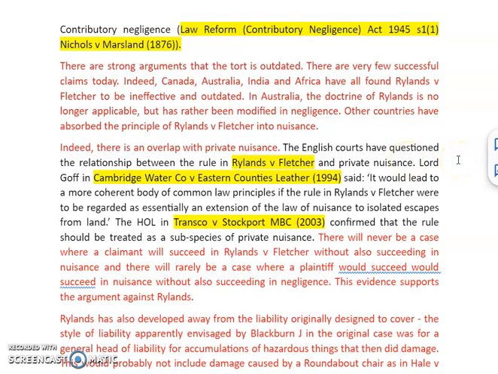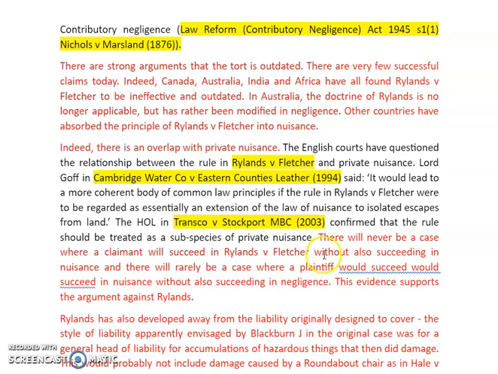And you can see Lord Goff in Cambridge Water said, quote, "It would lead to a more coherent body of common law principles if the rule in Rylands and Fletcher were to be regarded as essentially an extension of the law of nuisance to isolated escapes." The House of Lords in Transco confirmed that the rule should be treated as a subspecies of private nuisance.